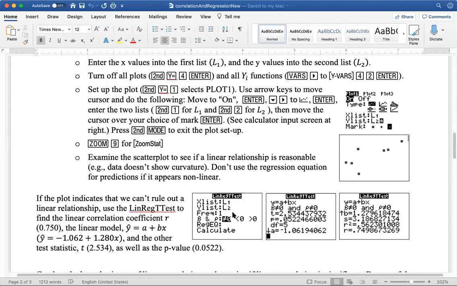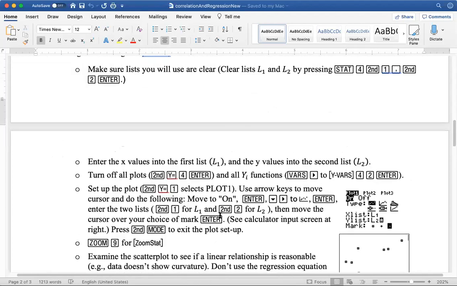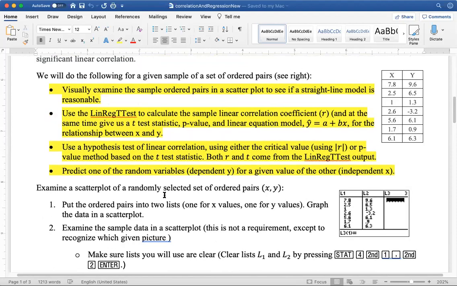And now, of the things that we're going to do, we're going to run the Lin-Reg t-test next. Lin-Reg t-test requires that we know where the lists are, and it requires that we use an assumed value of rho at 0, because basically in these problems we are assuming that rho equals 0, which means no significant linear correlation.